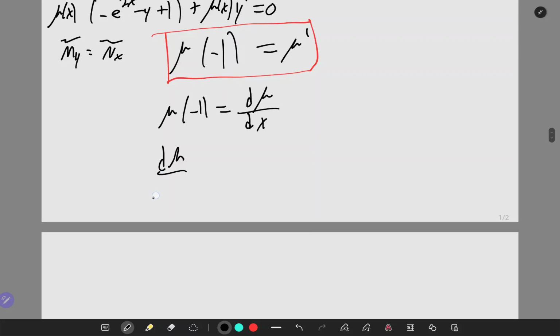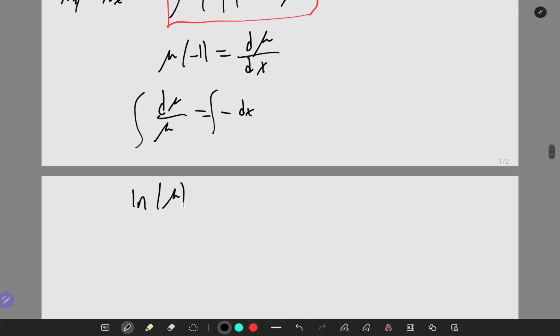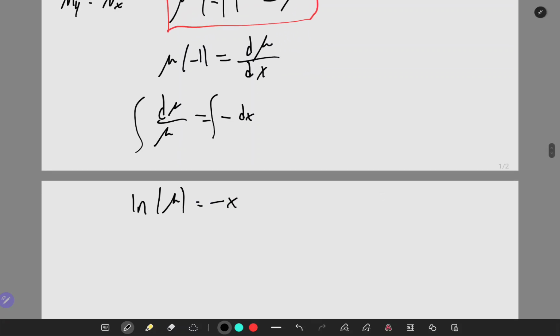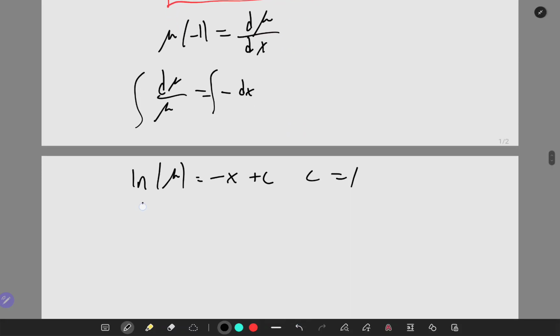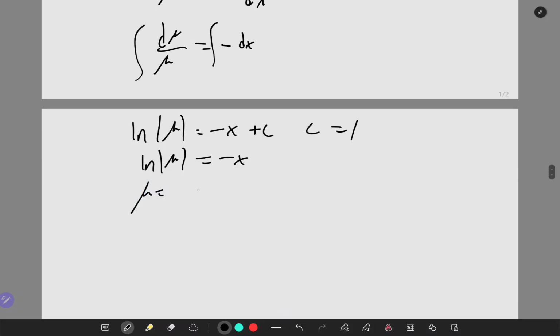So we have d mu over mu is equal to negative dx. Integrate both sides. The natural log of mu is equal to negative x plus c. We assume c is 1 though, right? Okay, so then we have ln of mu is equal to negative x. Exponentiate both sides. Mu is equal to e to the negative x. There's our mu, and that is the correct answer for mu.